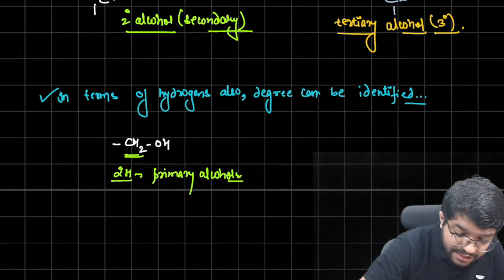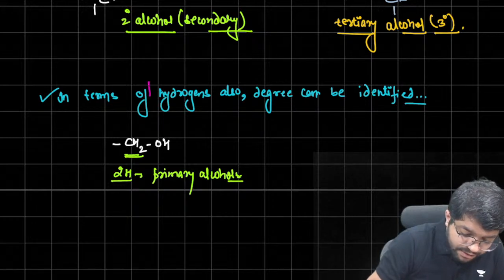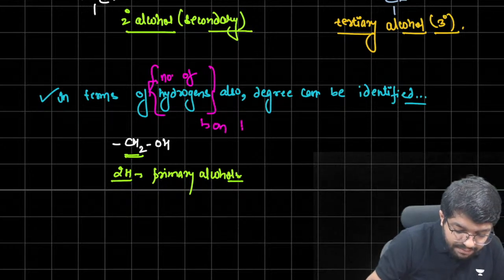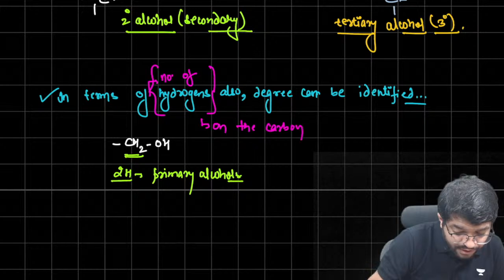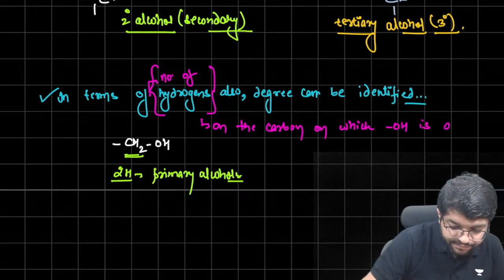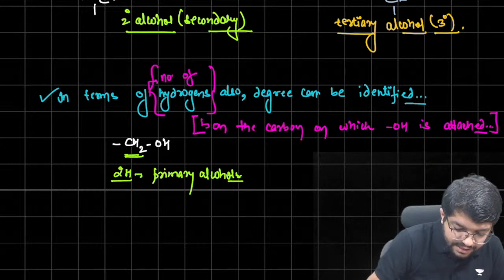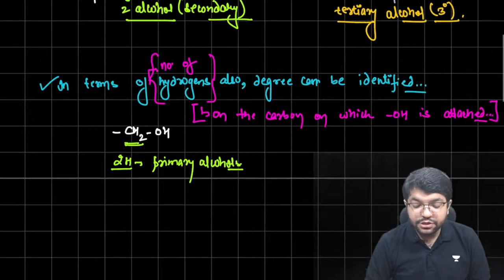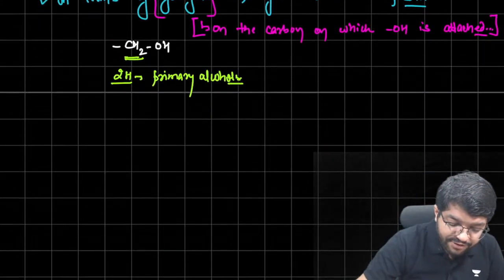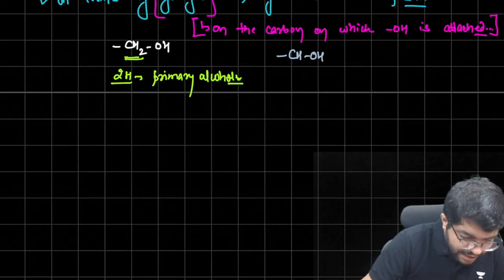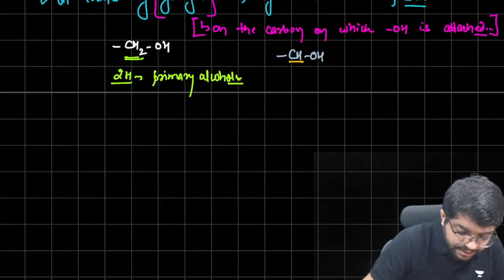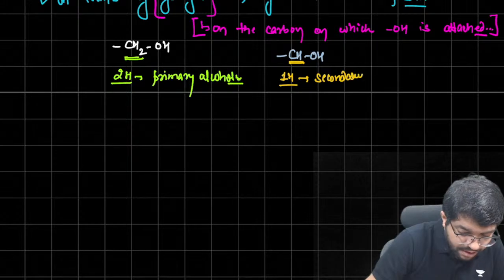So it is the number of hydrogens on the carbon on which the OH is attached. CH2OH is a primary alcohol. Then if it is only one hydrogen, which is CHOH, it's going to be a secondary alcohol.